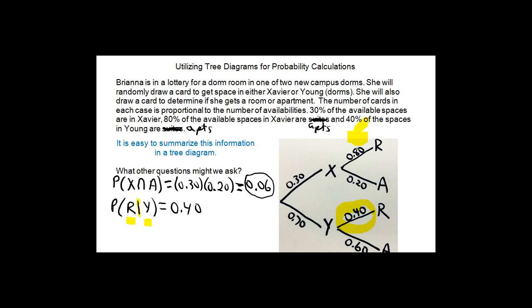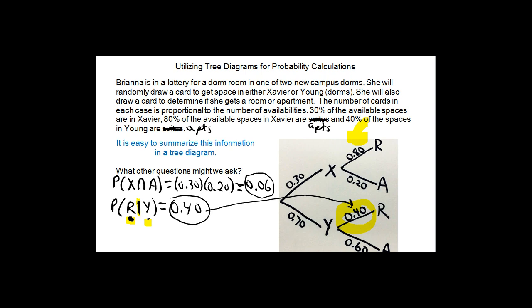It takes some getting used to, but when you have a conditional probability, it will always be one of the numbers sitting on one of the interior branches. You have to figure out which one. It's the one that has the R. It's down the Y branch, and you're looking at the R branch probability. So conditional probability is never a product when you look at it from a tree diagram perspective.